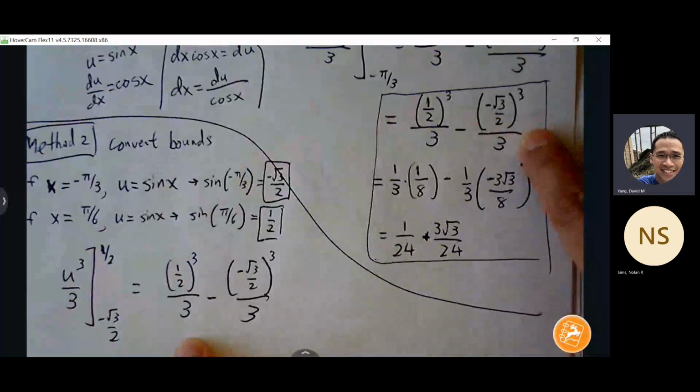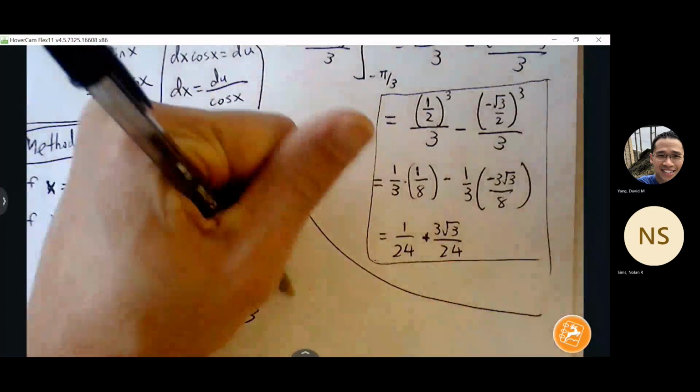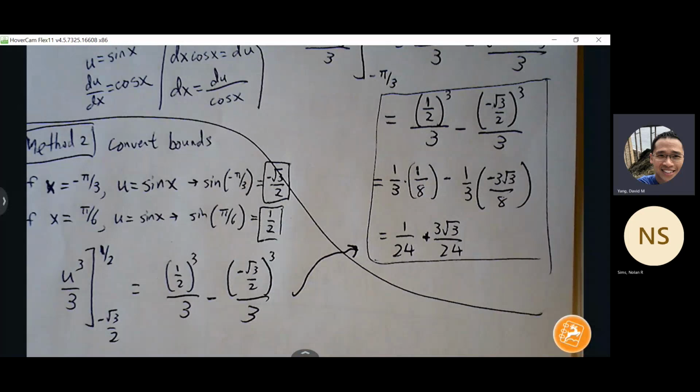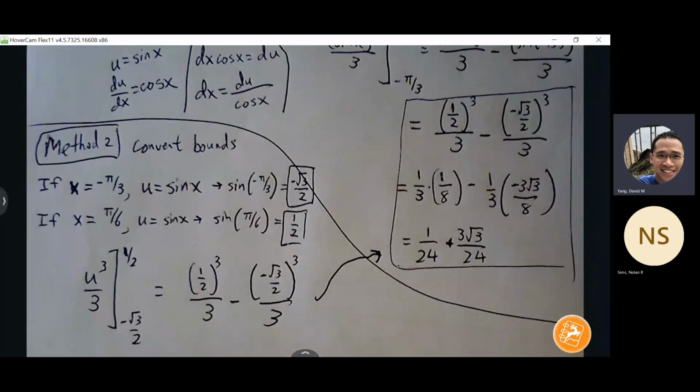Same result. Just different order of processing information. Good to know both methods so you know where these are coming from. But if it's free response, like on this test, you can choose whichever way you want to do it.